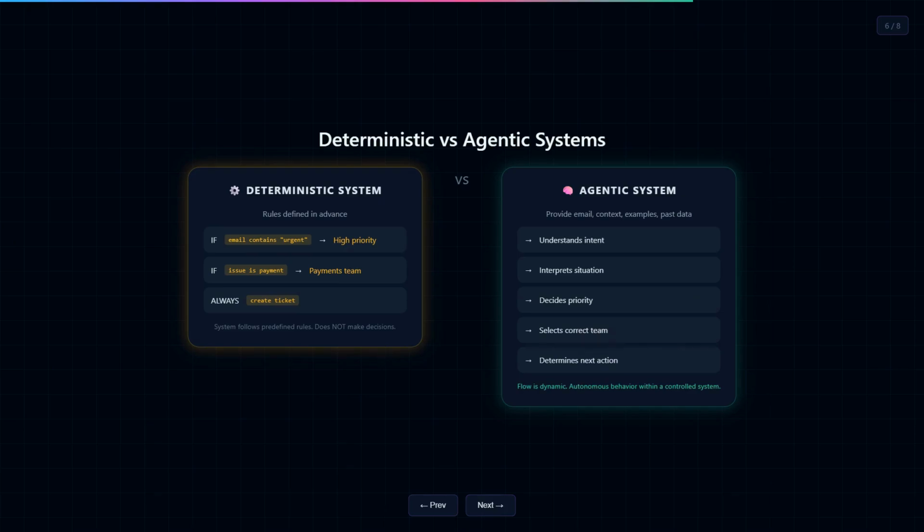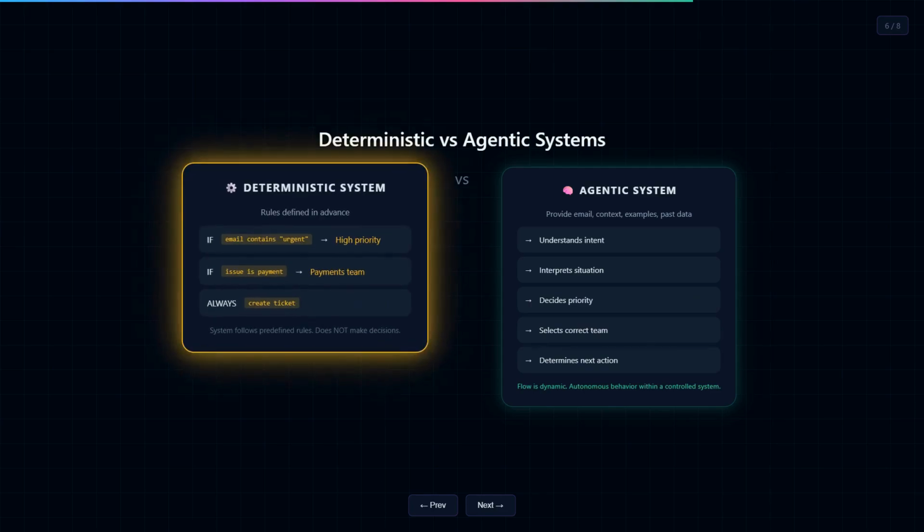Let's understand what a deterministic system is. In a deterministic system, we define rules in advance. For example, in the scenario that we just discussed: if the email contains "urgent", it's a high priority. If the issue type is payment, route it to the payment team. And always create a Jira ticket or a support ticket for that.